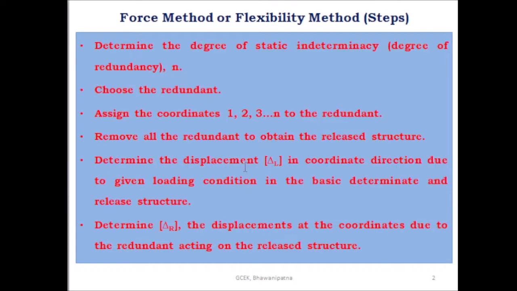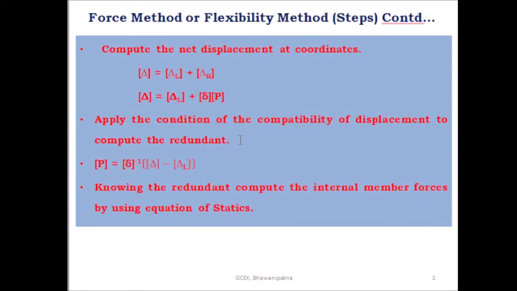Then determine the displacement delta L in the coordinate direction due to the given loading condition in the basic determinate, or released, structure. Then determine the displacement at the coordinates due to the redundants acting on the released structure, delta R. Then compute the net displacement at the coordinates.